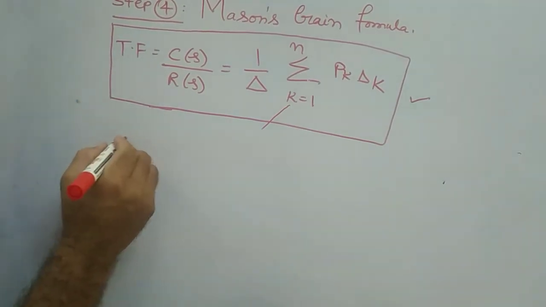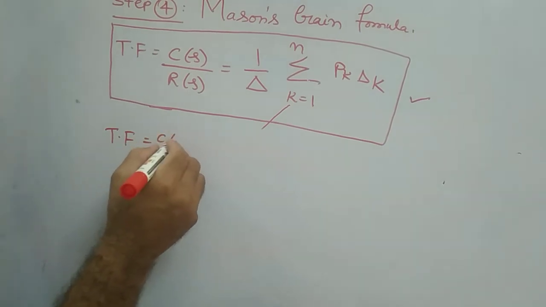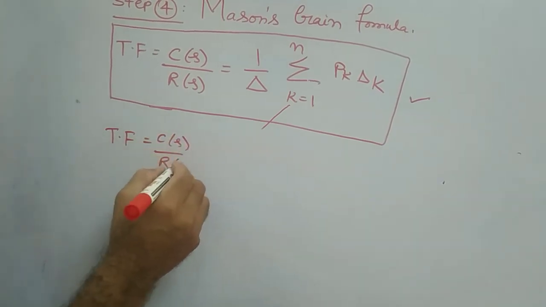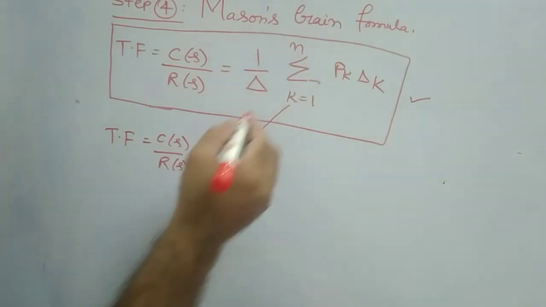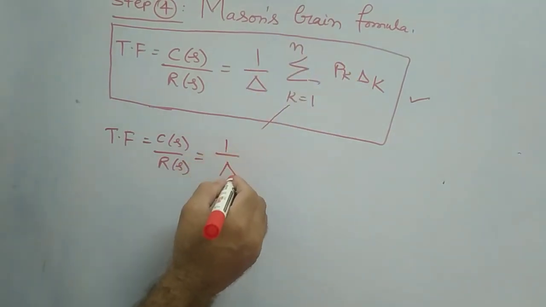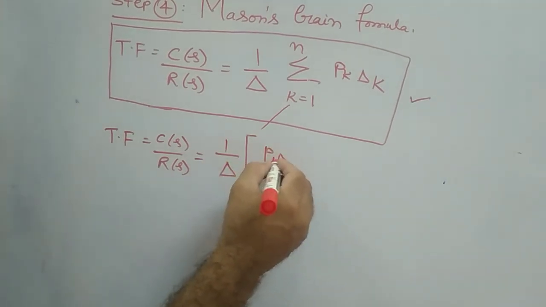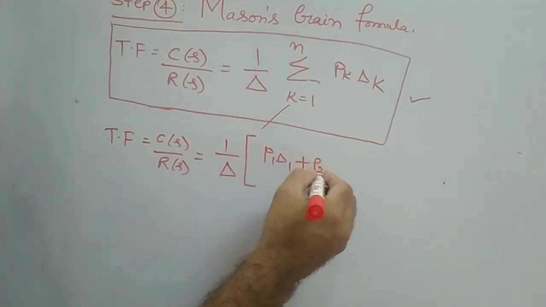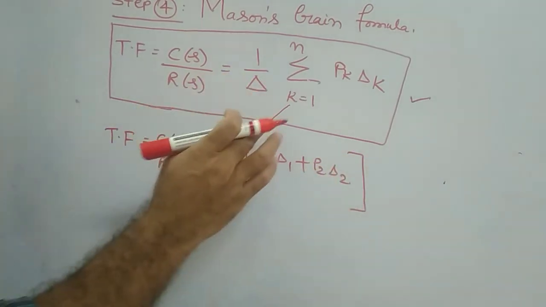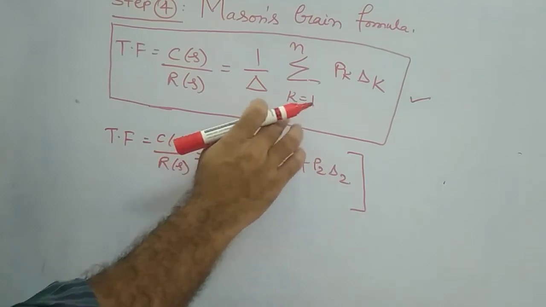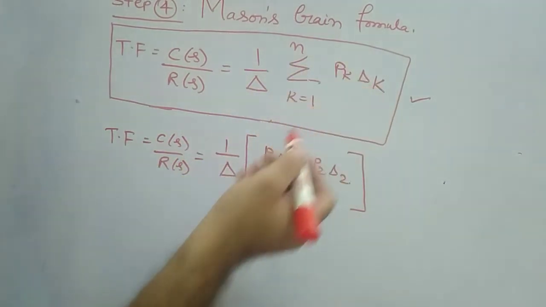Therefore, the transfer function C(s) by R(s), if I expand k equals 1 to 2, becomes 1 by delta of P1 delta 1 plus P2 delta 2. If we expand this summation, you will have P1 delta 1 plus P2 delta 2.